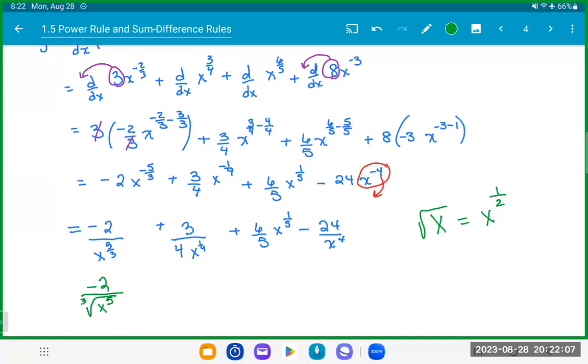That's the most proper way that you would write this piece right here. But then again, it's not proper to have those radicals in the denominator. So at what point does it just become ridiculous? Because it's always most proper to not have a radical in the denominator. But this one would have also been like 3 over 4 x to the 4th root, and so on. Does that make sense?